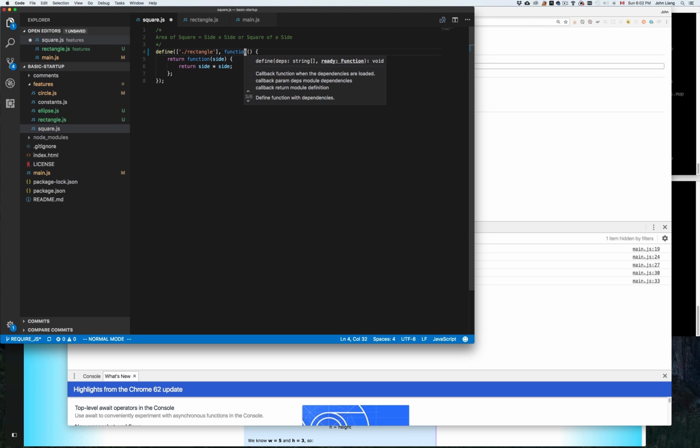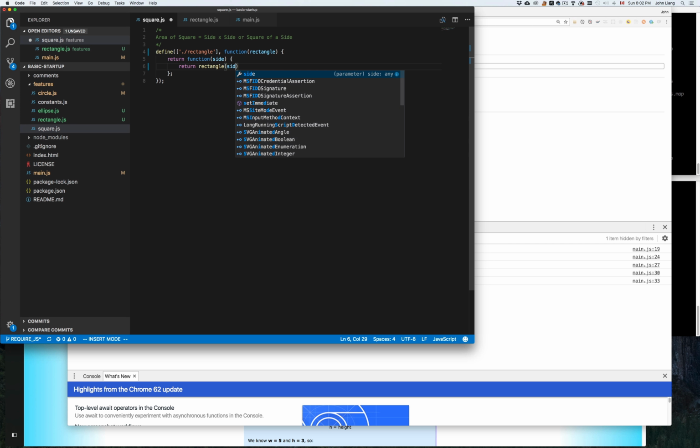Okay, rectangle, and then let's return rectangle, and we put in the side.